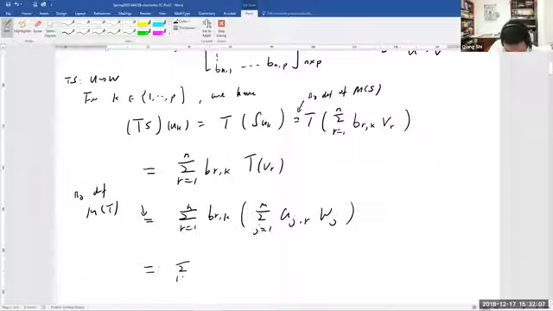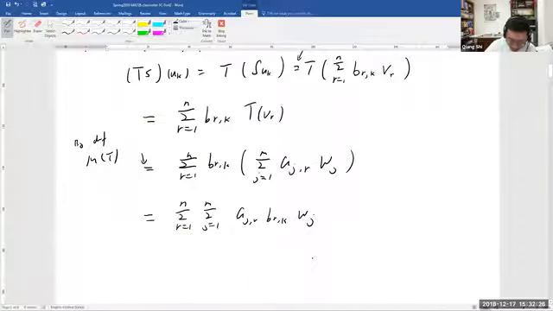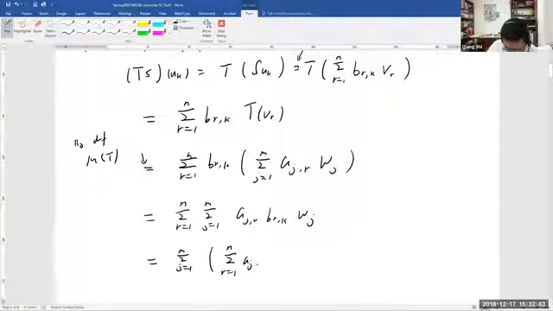So we have the sum over R from 1 to N, the sum over J from 1 to M, and then A_{JR} and B_{RK} and W_J, and then let's switch the order of summation here. We're going to do the J first, so J from 1 to M, and then we're going to add the terms containing the subscript R first, and then keep the W_J.